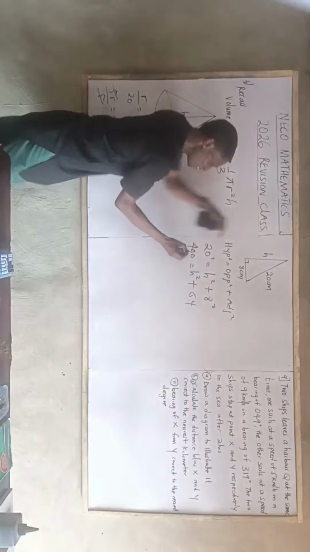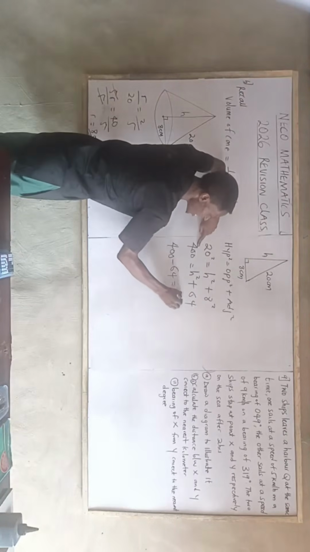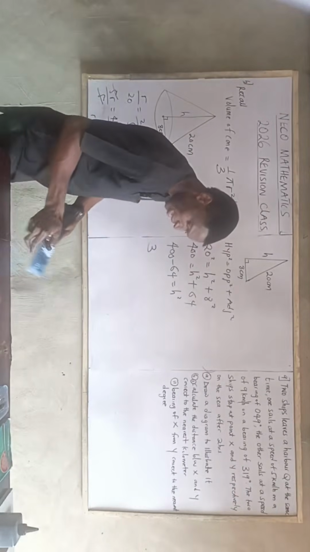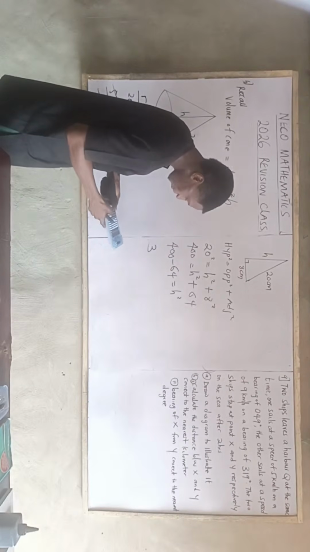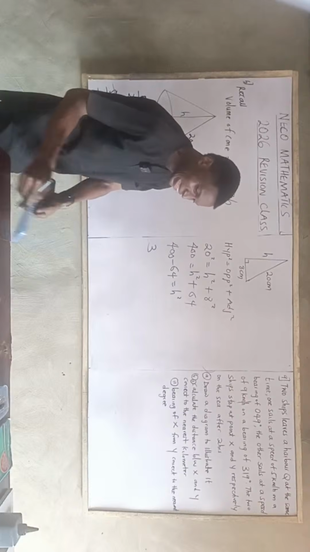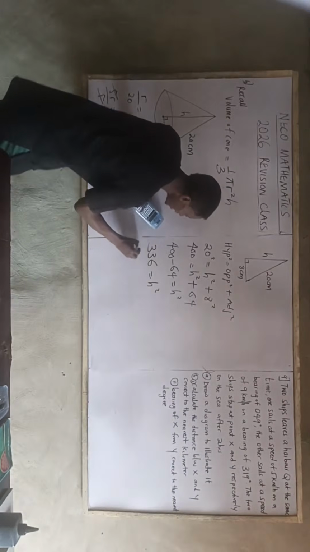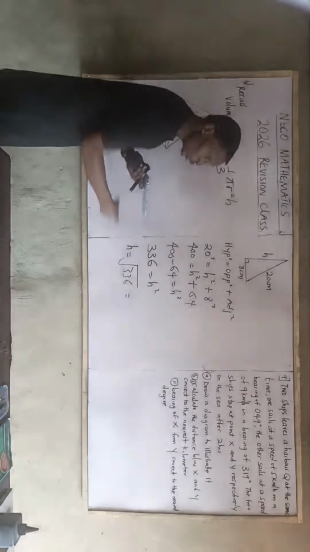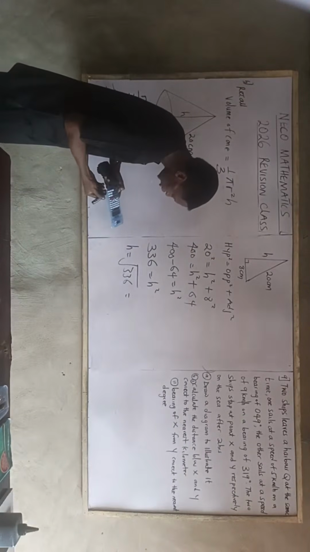Now, collecting like terms here, we've got 400 minus 64 equal to H square. 400 minus 64 gives us 336. 336 equals H square. Then H becomes square root of 336. That's exactly what you did the other time. Square root both sides.